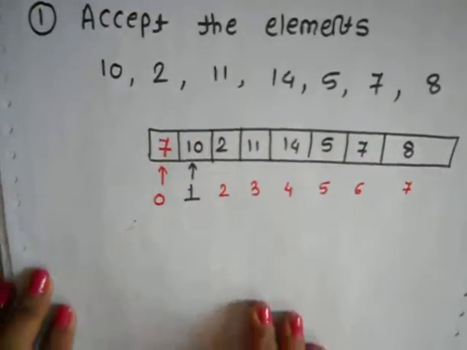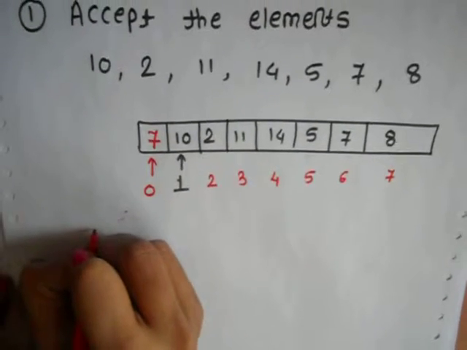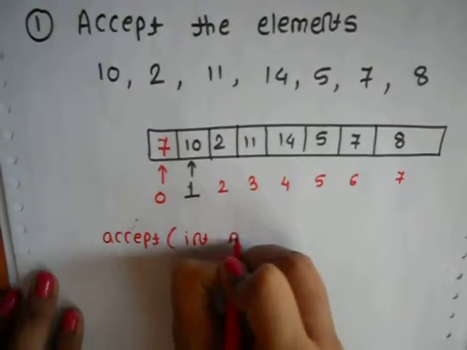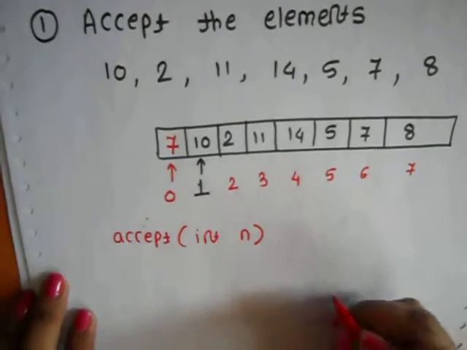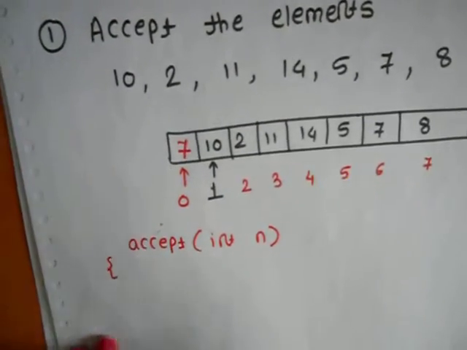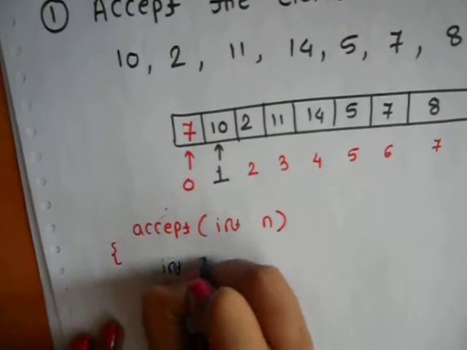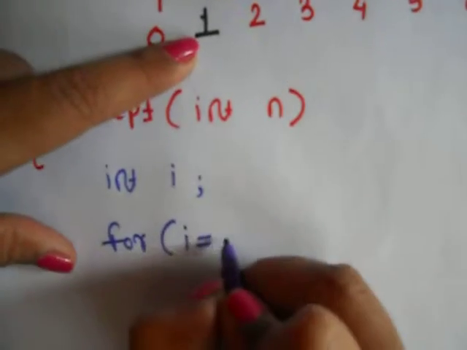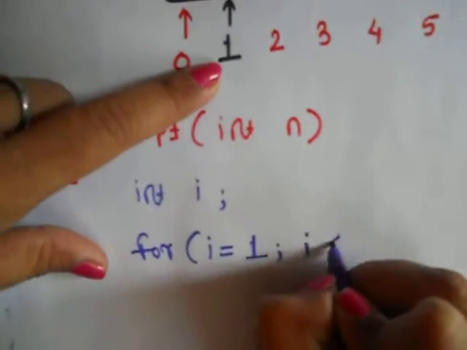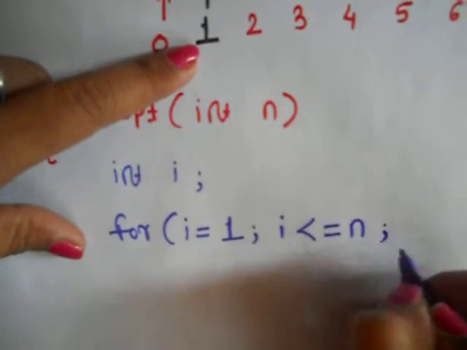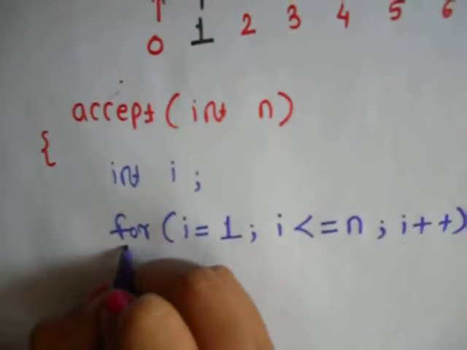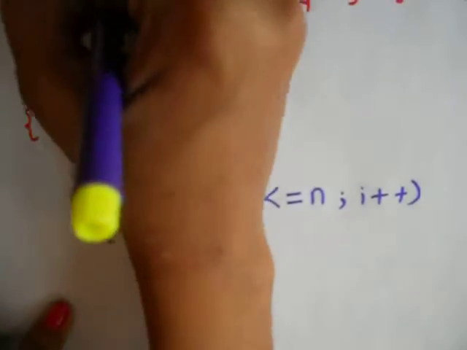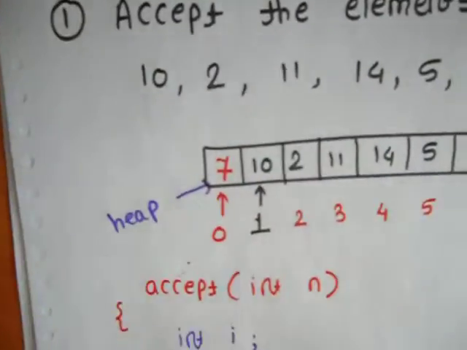So how will you accept in C++? We have to accept a total of n elements. So how will you write? int i; for i equal to 1; i less than or equal to n; i plus plus; cin >> heap[i]. Suppose the name of this array is heap.